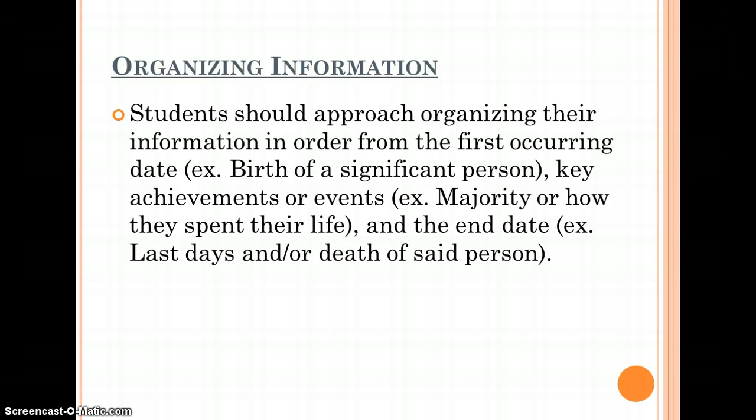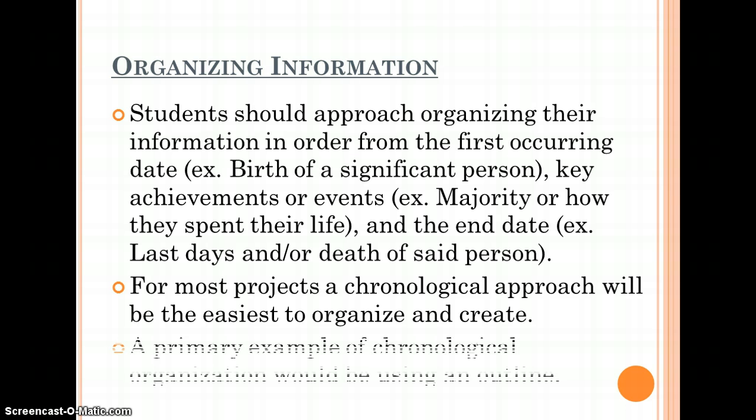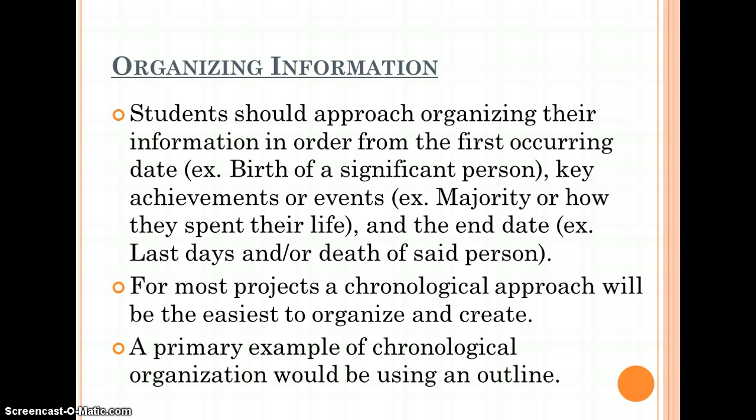If it's a person, that's when they were born, and then the last date may be when they died, if you're using chronological order to organize. That's usually the easiest if you're doing a person or an event, or if you choose to do a timeline project. You can use an outline to lay your information out and make the information be in an organized fashion so that it has good flow.